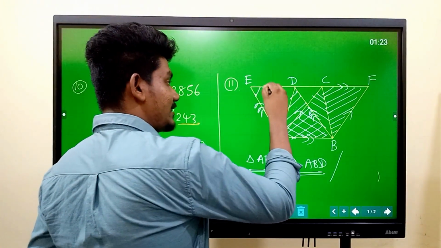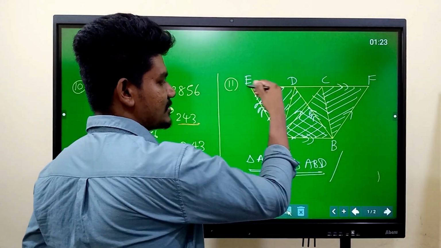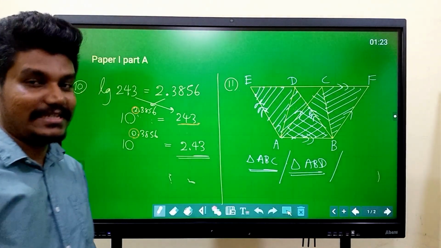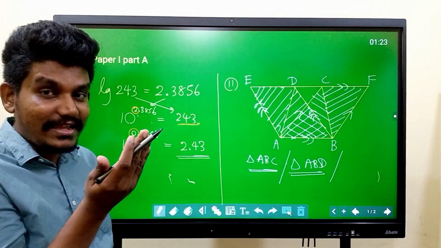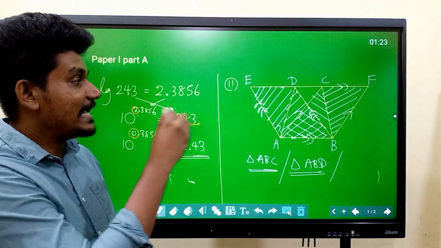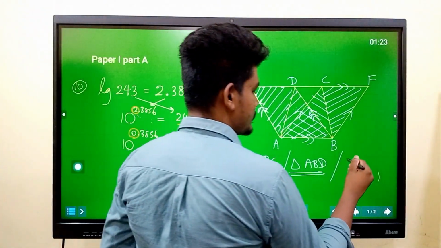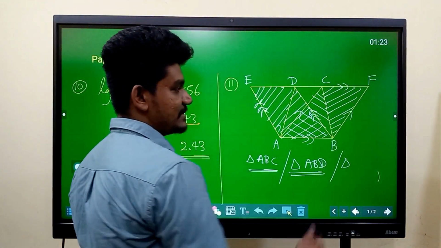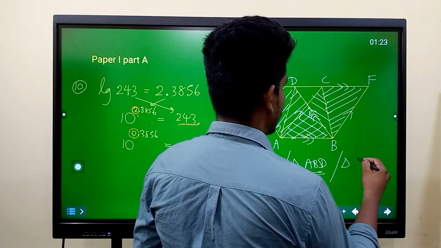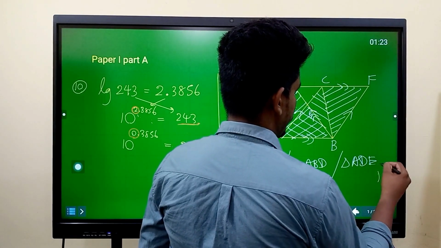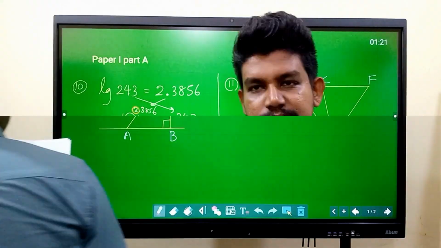Hence, it equals this triangle as well. Because ABD equals ADE in area, since AD is a diagonal, and with that diagonal, the area of the parallelogram ABDE has been divided equally. So, ADE is also equal to the area of CBF finally. Now we can say triangle ABE. Those are the 3 triangles that are equal in area.